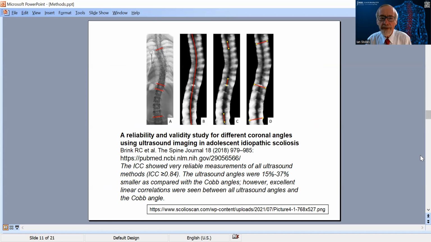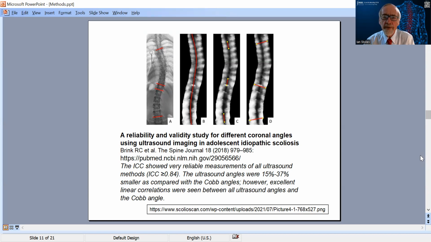Brink and colleagues performed a reliability and validity study of measuring coronal angles from ultrasound imaging compared with radiographs, and found a very reliable relationship between the two methods, but of course with a systematic difference, because from the ultrasound they were using the midline of the spine curvature measurements from that line, which we know is systematically different from the Cobb angle measurement of vertebral end plate angulation.